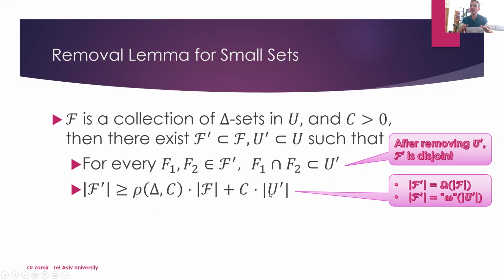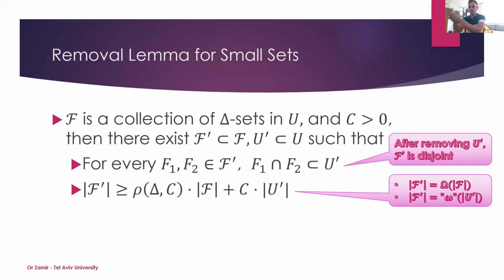And this removal lemma is very helpful in this regime of exact algorithms, because it lets us take a collection of small sets that are not necessarily disjoint, and make them completely mutually disjoint just by making a few universe elements disappear, which means in that case, and maybe in any other use you can think of in exact algorithms, we can just enumerate over some of the elements.